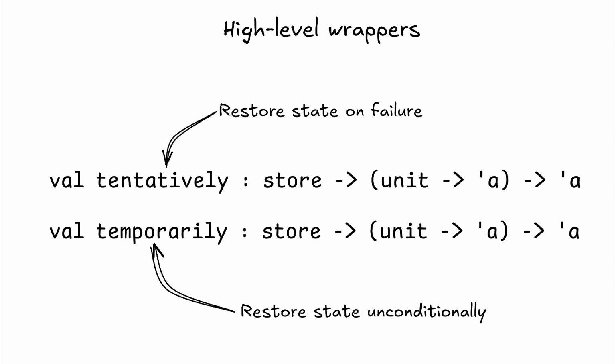We have a wrapper that will try to do things, and then if you raise an exception, it will reset the state to what it was in case of an exception, and if you succeed, it will proceed with whatever modification you've made. And we have a temporarily wrapper that will take a function, run the function, and then reset the state, whether there is an error or not. This is useful, for instance, in solvers, to check if something is true, and then without performing any modifications.